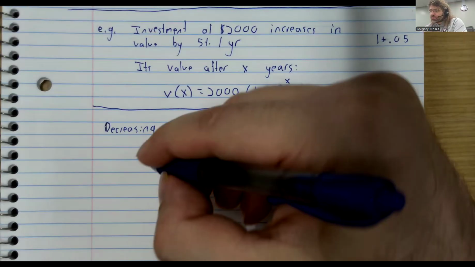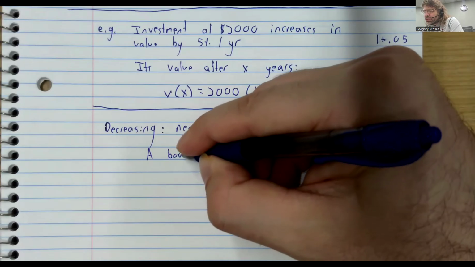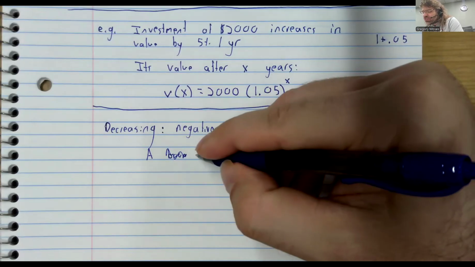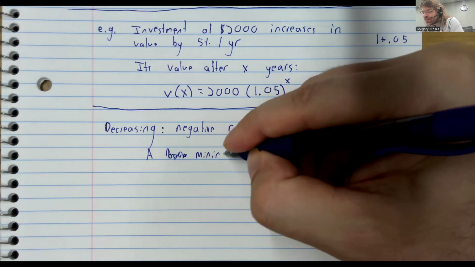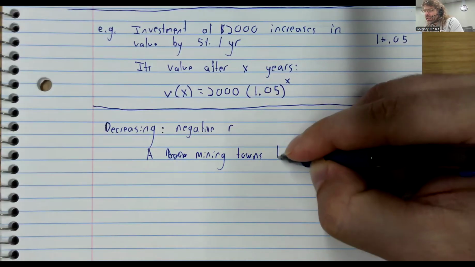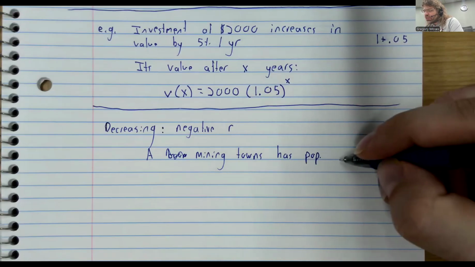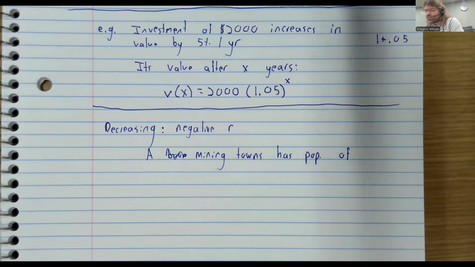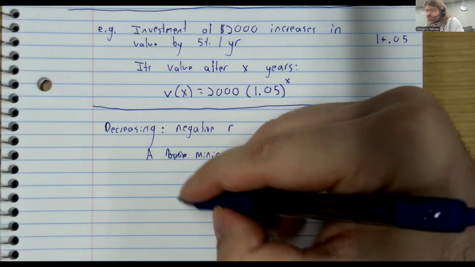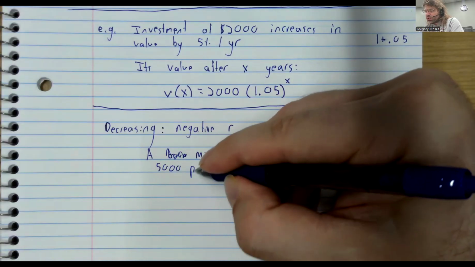So, a boom, let's say just a mining town, has a population of 5,000 people.